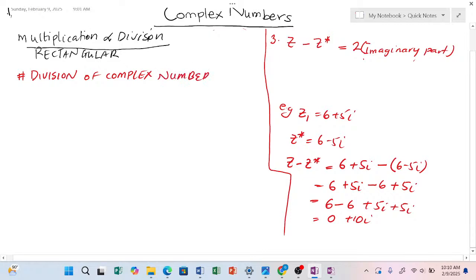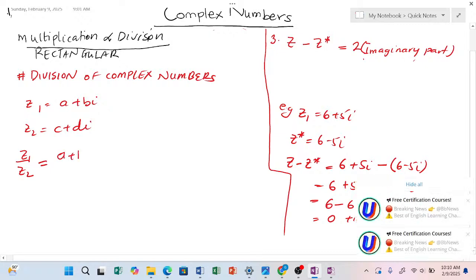Division of complex numbers. So if I have a complex number, let's say Z1 is a plus bi, right? Then I have Z2 is equal to c plus di. And we are asked to evaluate Z1 over Z2. You know that Z1 is a plus bi, Z2 is c plus di.